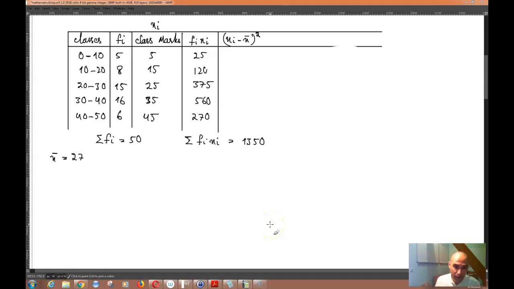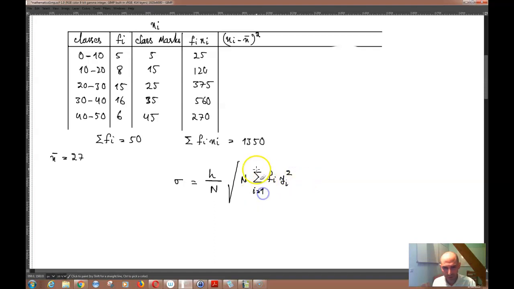So the shortcut method gives you the standard deviation, sigma, which is h over n times the square root of n times sigma f(i) y(i) squared, as i goes from 1 to n, minus sigma f(i) y(i), as i goes from 1 to n, whole squared.